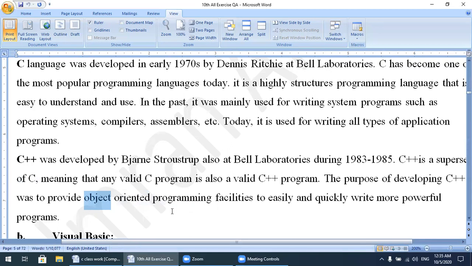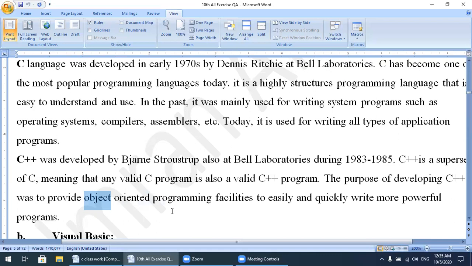Let's say I am an object, you are an object, all the students are objects, everything which has existence is an object. All the objects belong to some classes. For example, I am an object, you are an object, we belong to the human class.